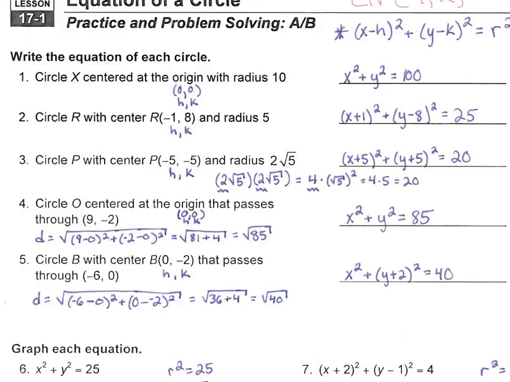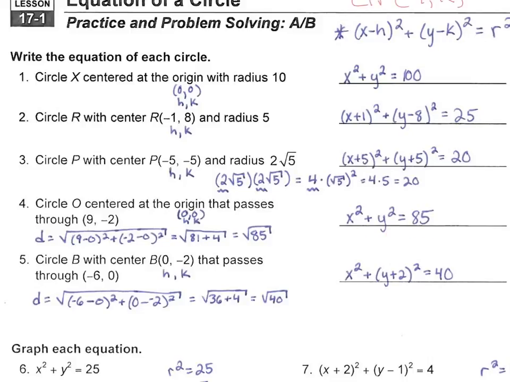So if we try to square the square root, remember, what happens is that we just get the expression under the radical, which in this case is just the number 85. So our final equation is centered at the origin, x squared plus y squared equals 85.